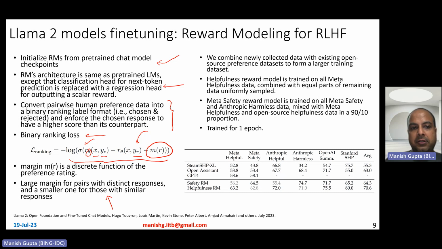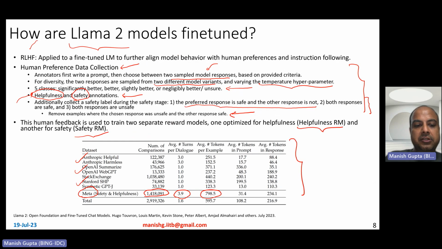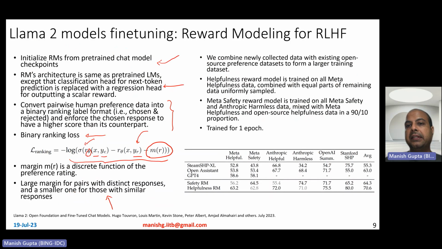Now, to be able to train these reward models, they use the entire data. They didn't just take their own Meta data, but also combined it with other data, combining the newly collected data with existing open source preference data sets. The two reward models are trained on slightly different kinds of data.